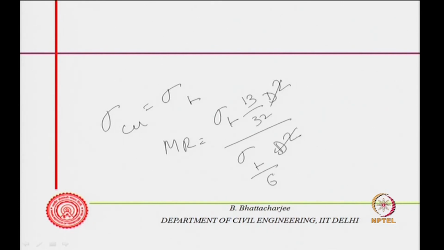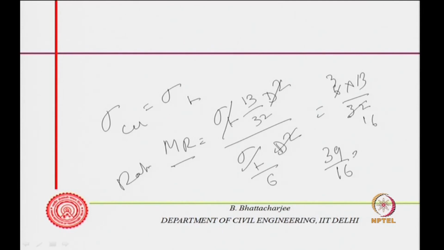You cancel this out, cancel this out, and you get 6 into 13 divided by 32, which is 39 divided by 16, giving 2.4 something.